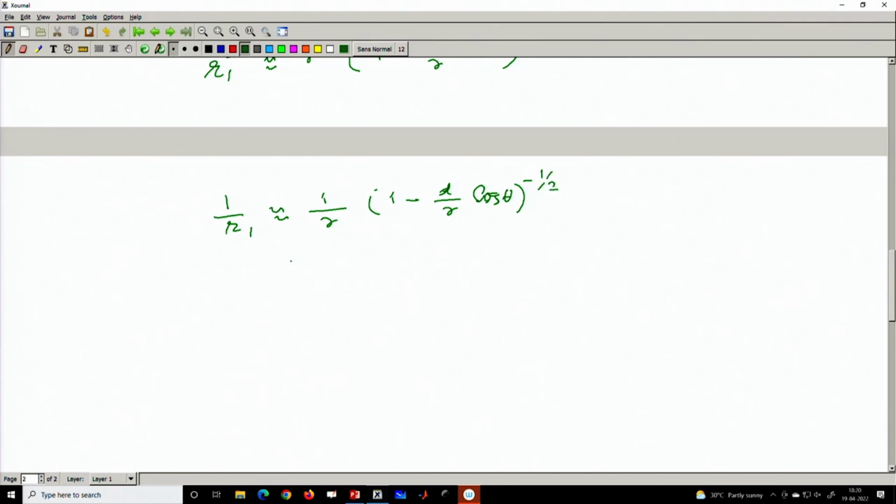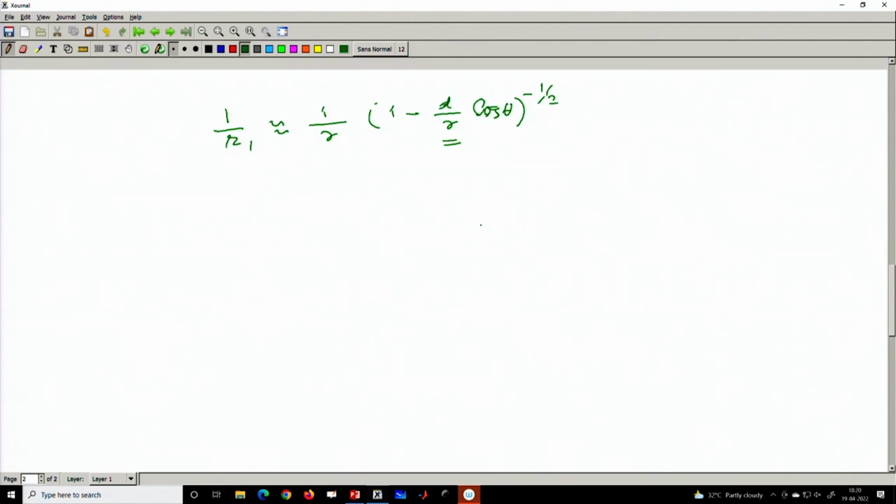Okay. So, now I can make a Taylor series expansion, a binomial expansion, and since the d by R ratio is small, I can restrict to the first term, and that simply gives me 1 by R, and then 1 plus, because it is a minus sign, d by 2R and cos theta.